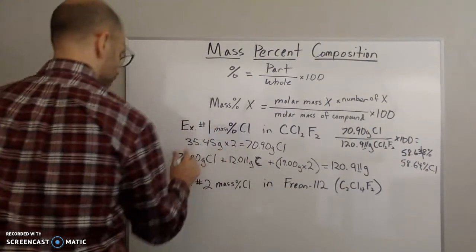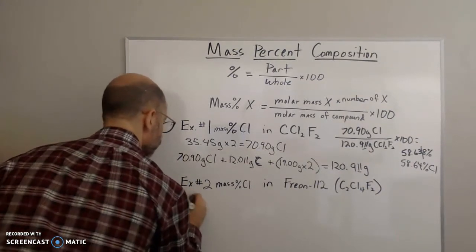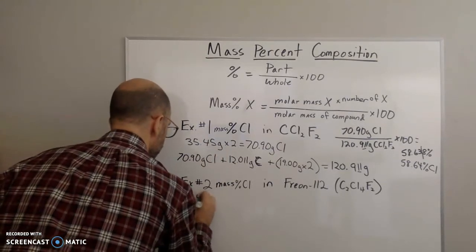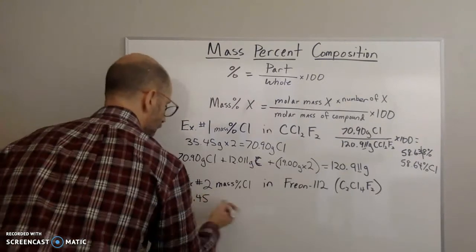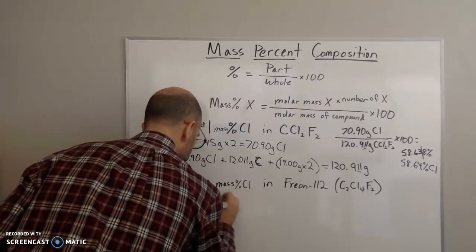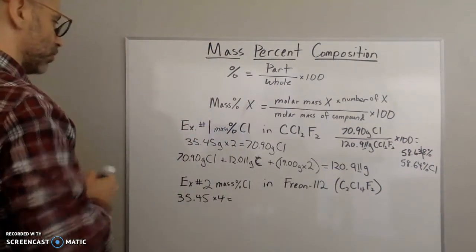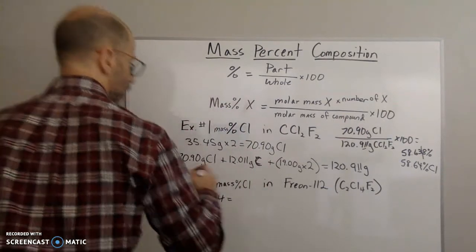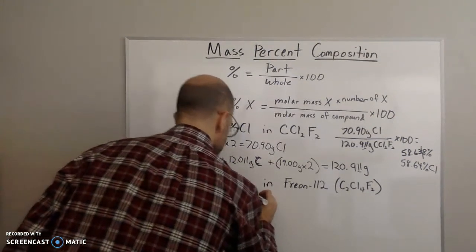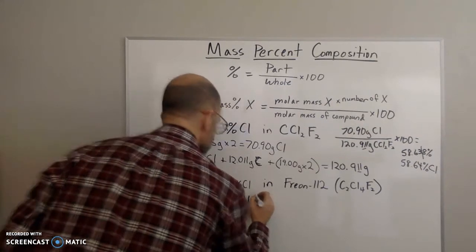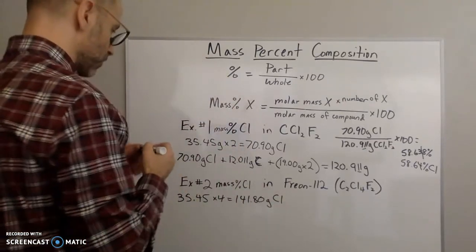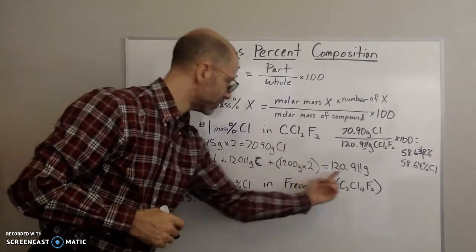So I take the molar mass of chlorine, or the atomic mass, which is the same thing, 35.45, since I have 4 chlorines, so I'm going to multiply by 4 this time, and that's going to give me 141.8 grams of chlorine in 1 mole of this substance here.